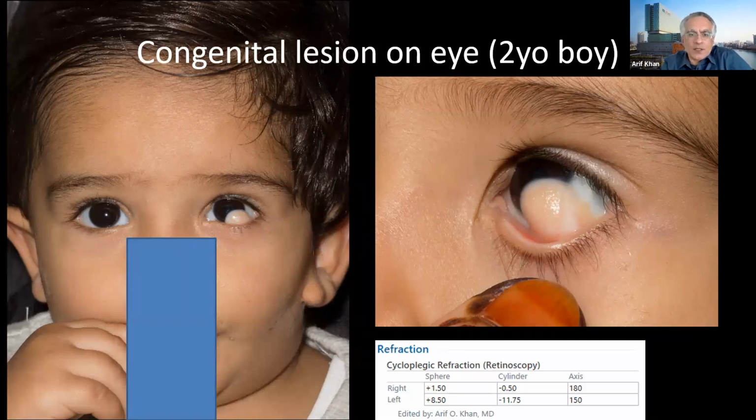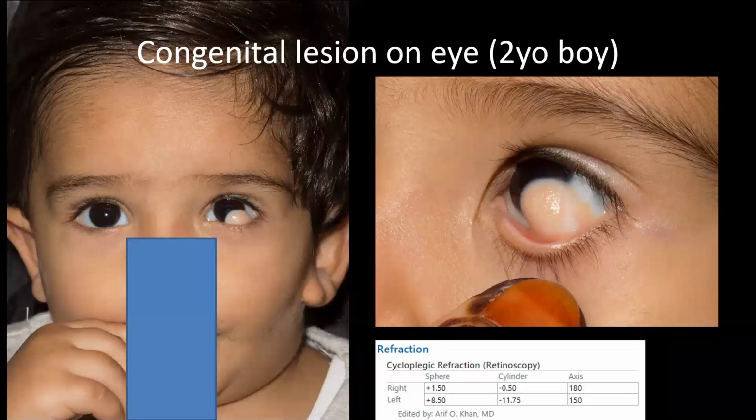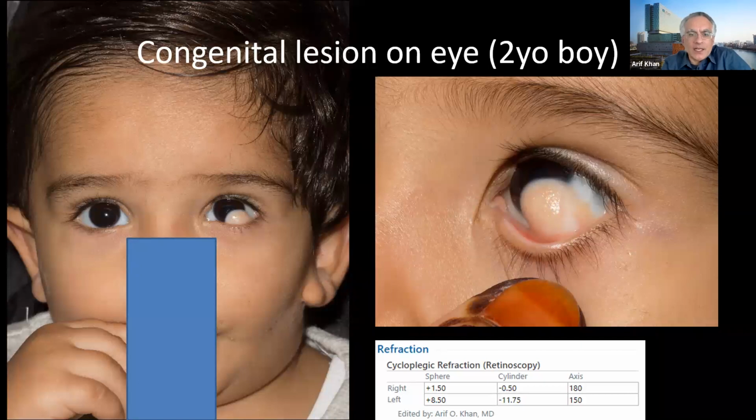The child has a grossly abnormal appearance. I wouldn't call it cosmetic. It's like if somebody doesn't have a nose or somebody has a large cleft palate or cleft lip. You do reconstructive surgery for a normal appearance. And this is obviously a grossly abnormal appearance.